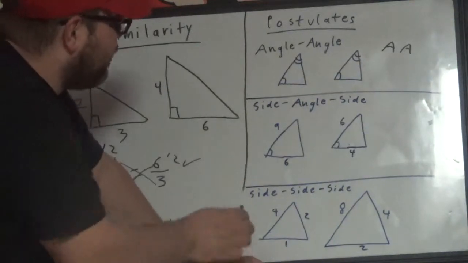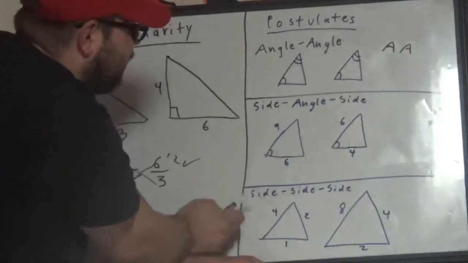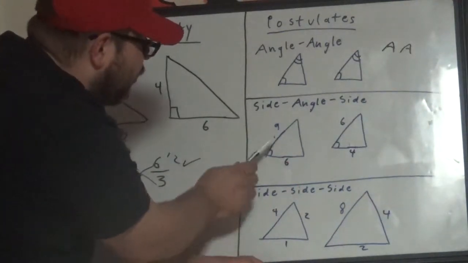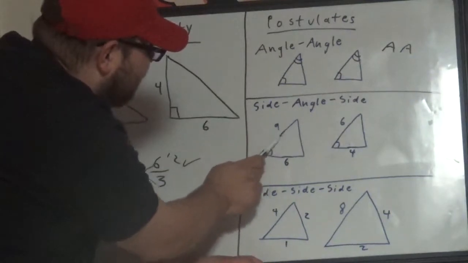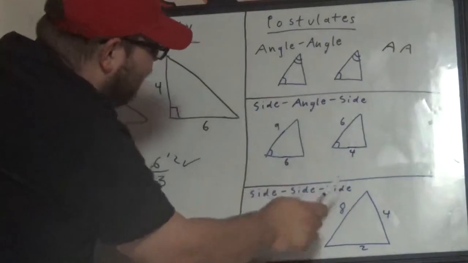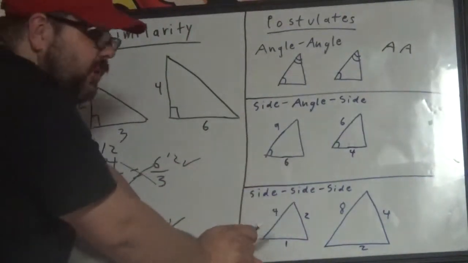The second one is the one we just used in our example, side, angle, side. So here we have another pair of triangles, and we have a side, an angle, and a side. The angles again are congruent, so that checks off.